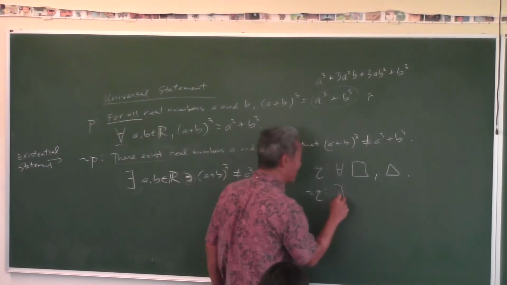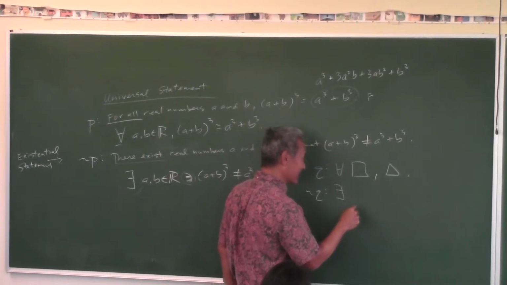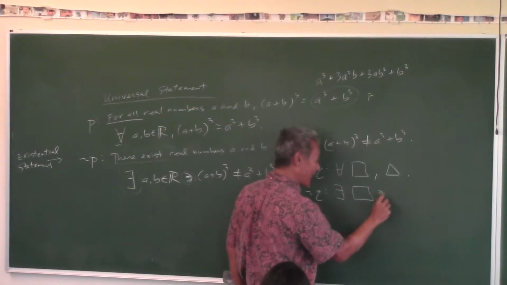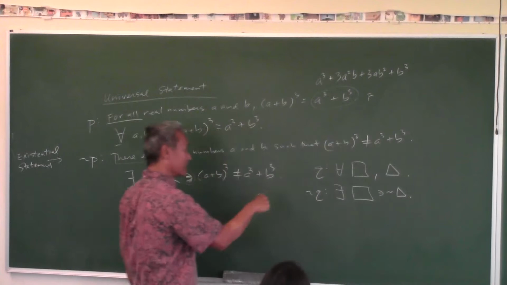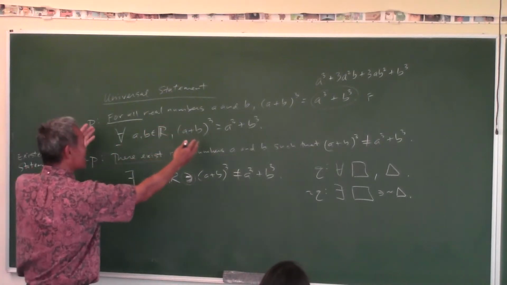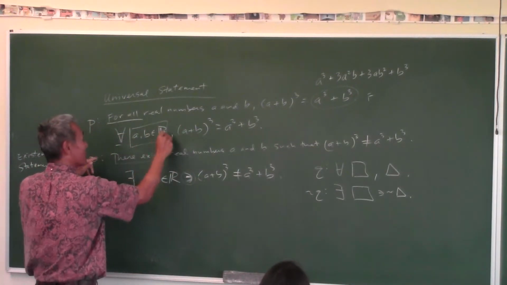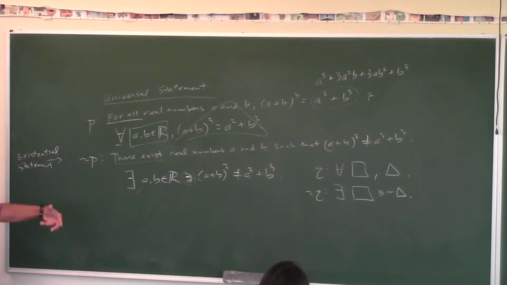There exists, don't say backwards E. There exists rectangle such that not triangle. It doesn't matter what words you put in there, that's how you negate it. Look, every universal statement has the same form: for all box, comma, triangle. What is the negation of that?